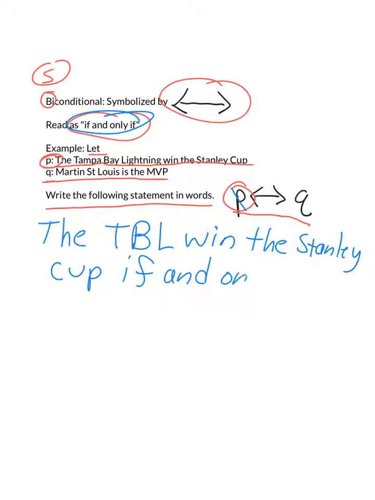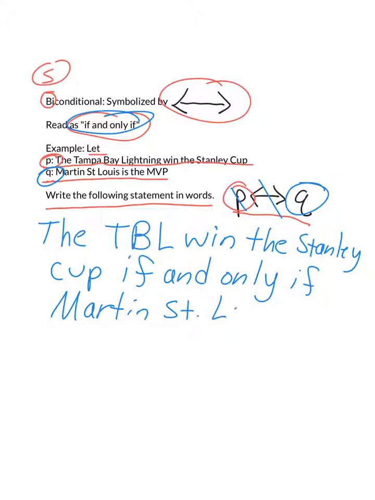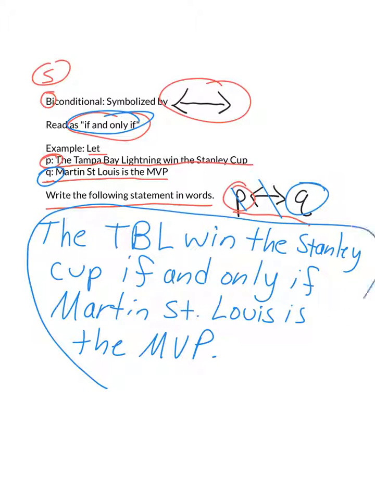If and only if. And finally, I see just a normal Q, not a negation Q. So Q was Martin St. Louis is the MVP. So biconditional, insert if and only if, and you're good to go.